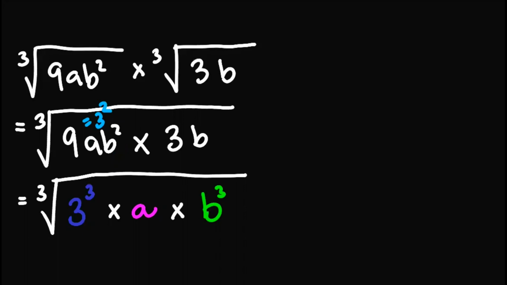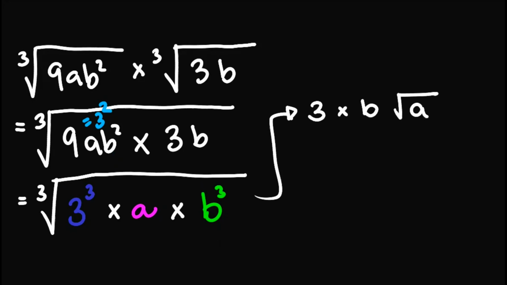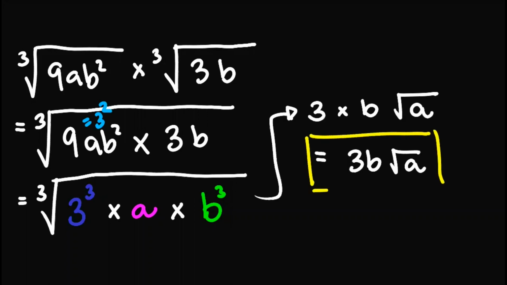And from here, since we have a 3 cubed out here and a b cubed out here, we can extract that one out of the radical. So we'll have here 3 times b cube root of a. And this one out here is the answer. So this is a nice example wherein we try to involve variables in multiplying radicals.